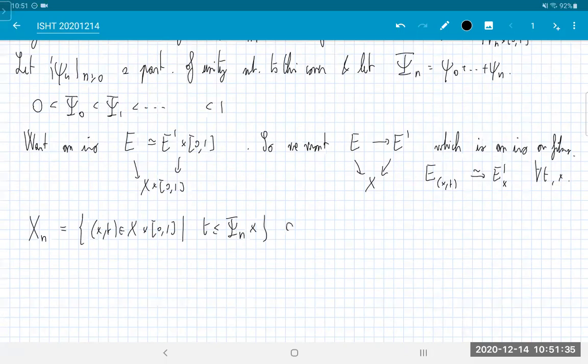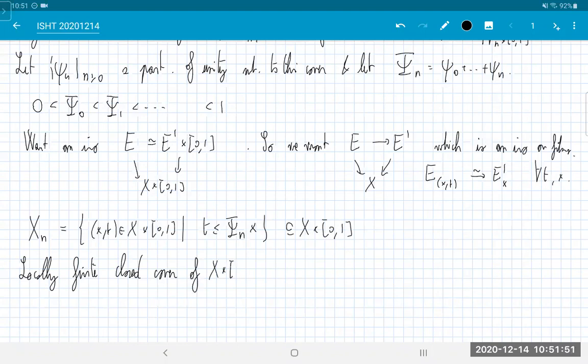I have this thing, it's a closed subspace of X times [0,1], and it's in fact a locally finite closed cover of X times [0,1]. It's locally finite because, remember, for any point only finitely many of the lowercase psi n were non-zero.